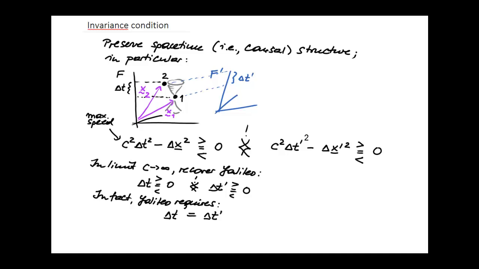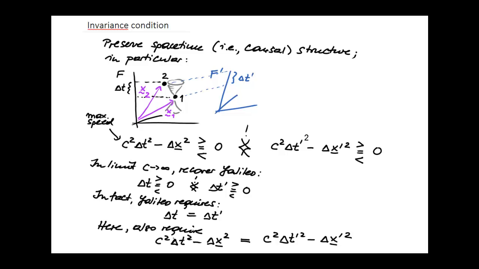We require not only that causal relationships are preserved in the sense that I wrote above, but more stringently, we also require that in fact c squared delta t squared minus delta spatial distance squared actually equals c squared delta t primed squared minus delta x primed squared. Well, this obviously contains the above condition as a consequence, but it goes beyond that.